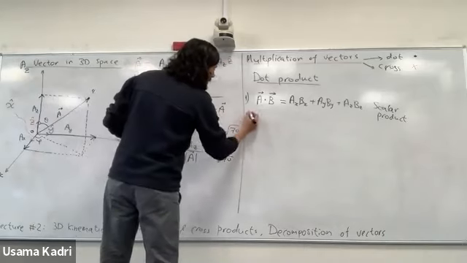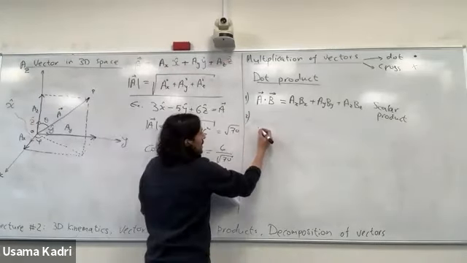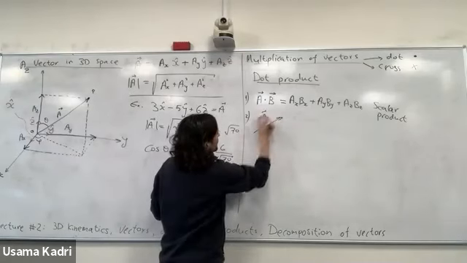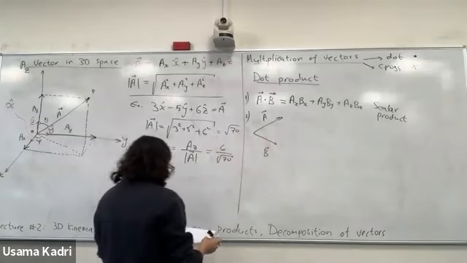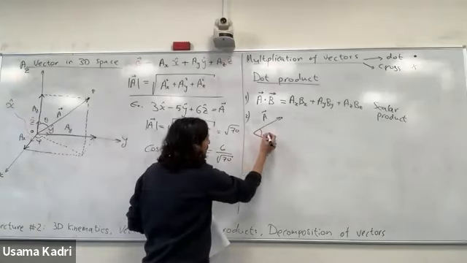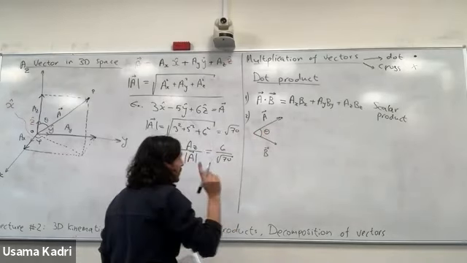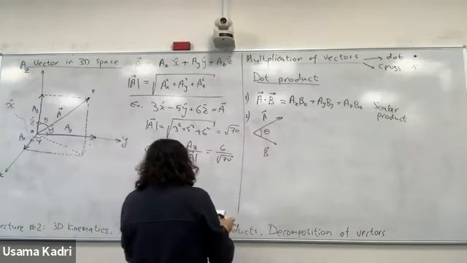Another way: if you have vector A and vector B, and if you happen to know the angle between A and B, I want you to think about why it is actually equivalent to what we have up there.